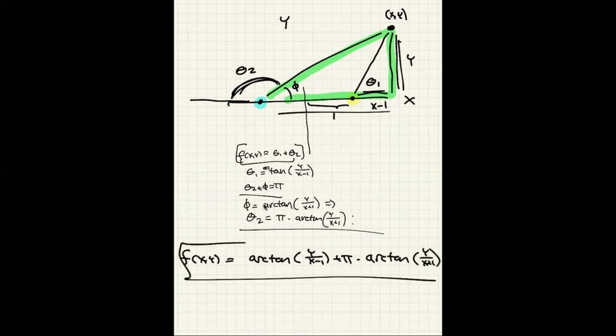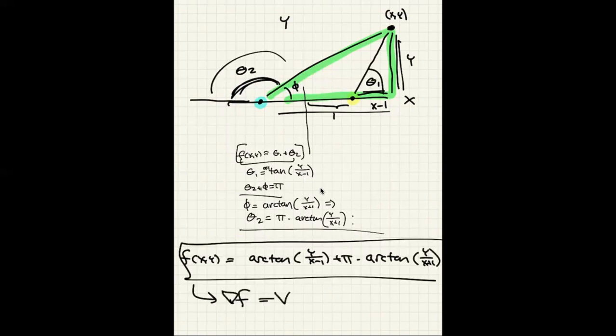This function takes a point and it spits out a sum of two angles, this angle and this angle. And I'm not going to do it for you because it's a mess, but I promise you, if you compute the gradient of this function, you do get v.